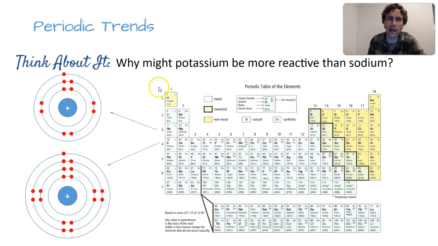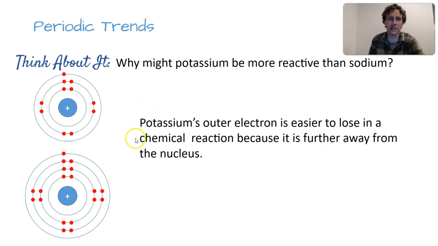So my question is, why might potassium be more reactive than sodium? Okay, why might potassium be more likely to react and give up this electron than sodium would be to give up this electron? Okay, well, the reason for that is potassium's outer electron is further away from the nucleus, so it is easier to lose that.